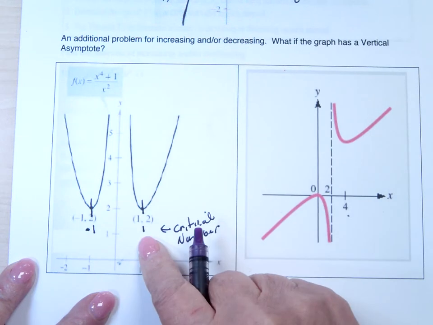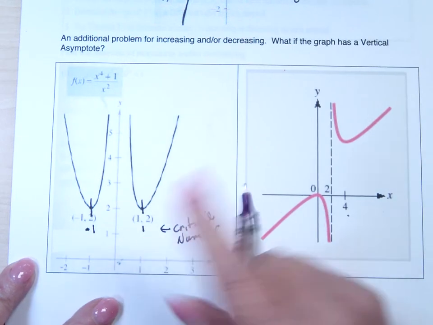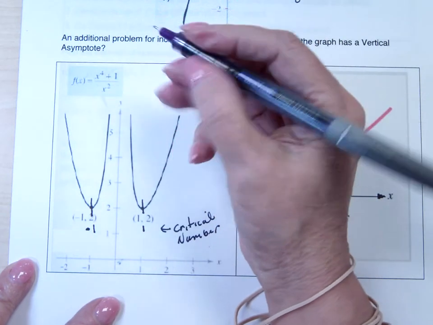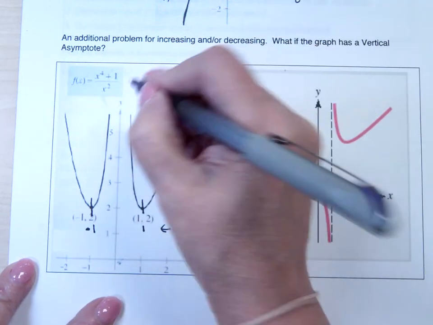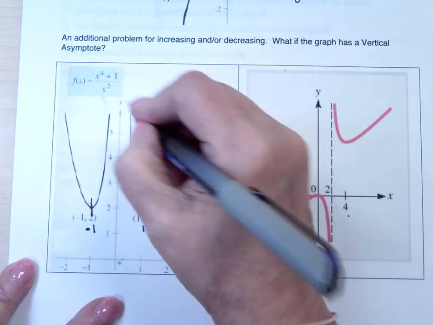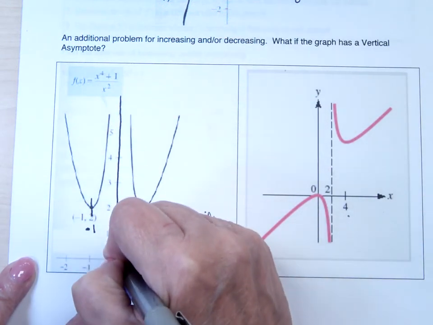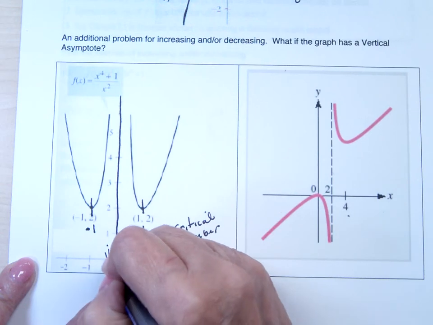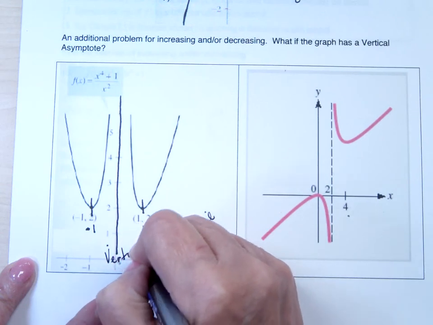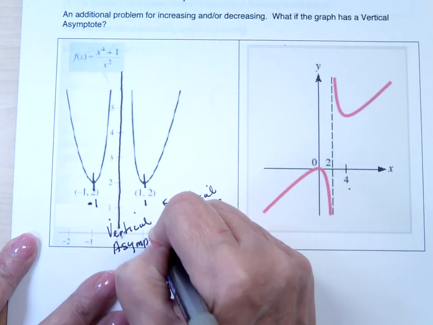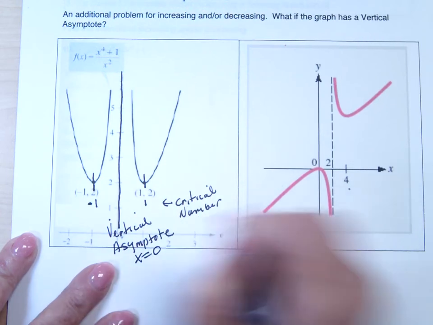So negative 1 and 1 is a critical number. By the way, this is what I had problems with when I was a student. I would forget the vertical asymptotes every single time, and it just throws you off if you do. But I also have another critical value. This is a vertical asymptote at x equals 0.